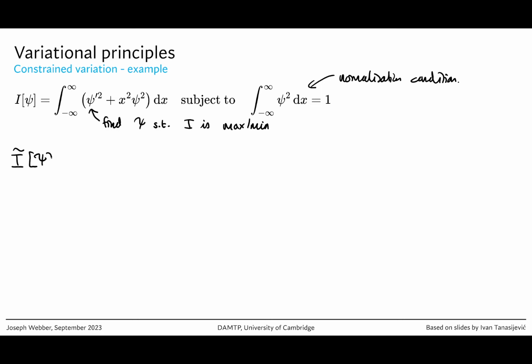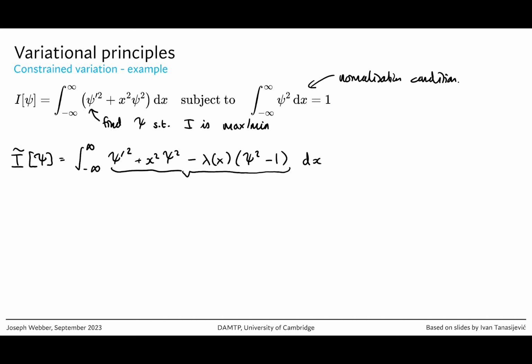We're going to modify it with a Lagrange multiplier, and this is going to be equal to psi prime squared, so the original functional, just like we had last time with the original function when we put a Lagrange multiplier in, and then we're going to add this Lagrange multiplier function of x, psi squared minus 1, dx. And we want to extremise this now. So this here is our f of psi, psi prime, and x.